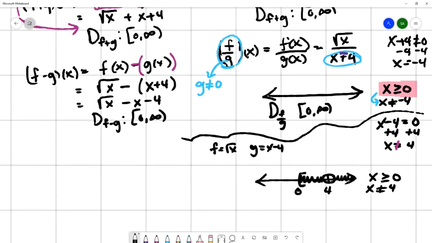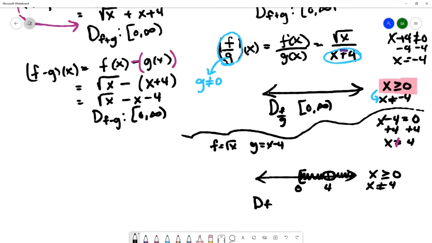We would get a domain of f over g to be 0 to 4 union with 4 to infinity. So these are all the numbers greater than or equal to 0 except for 4.